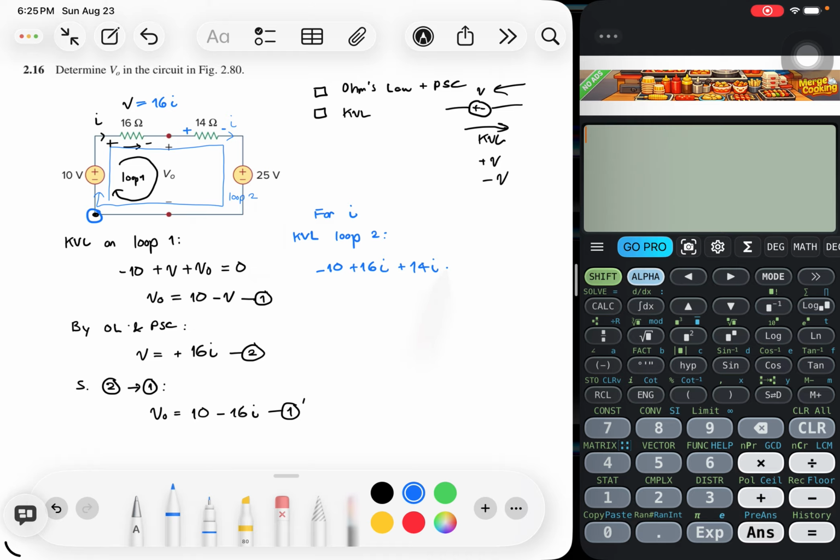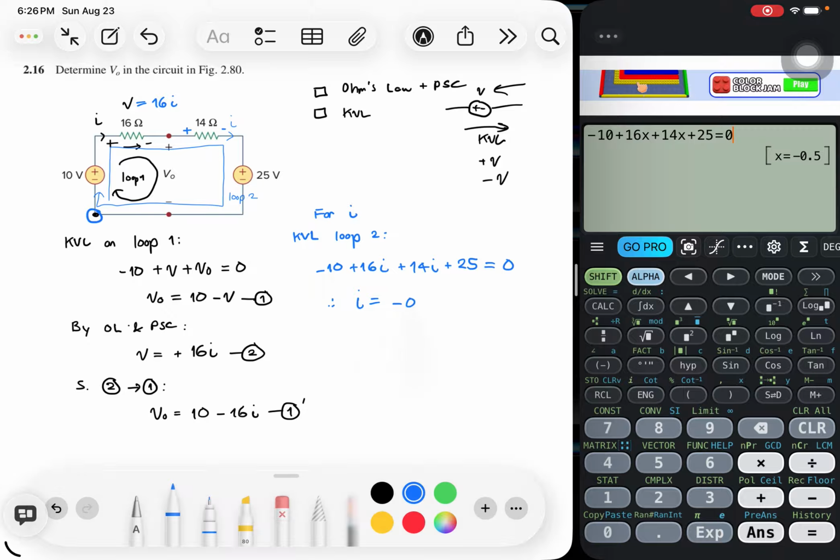And then we equate this to 0. Now we can use our calculator to solve for I using the shift solve function. Negative 10 plus 16 alpha x plus 14 alpha x plus 25, then alpha equals 0. So the answer for the current is negative 0.5 amperes.